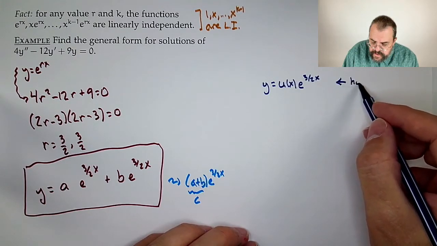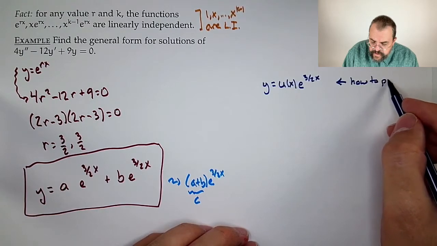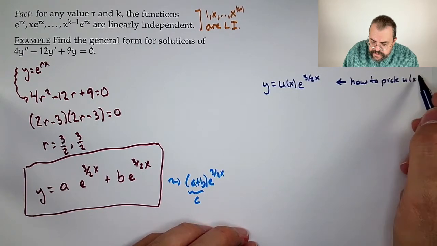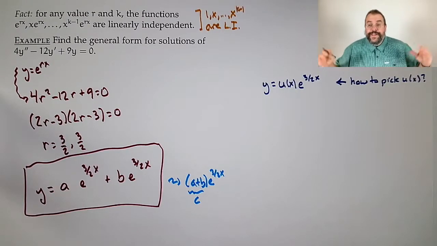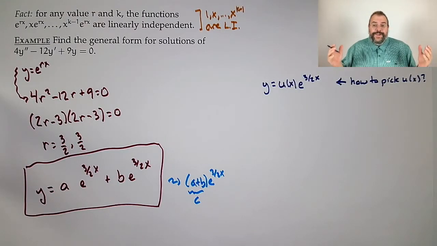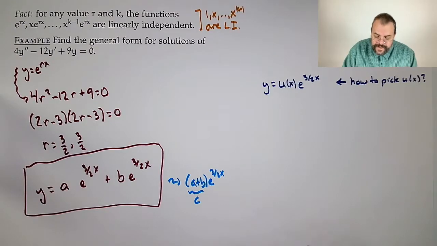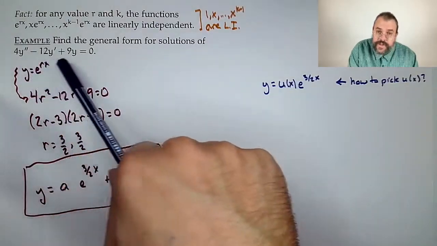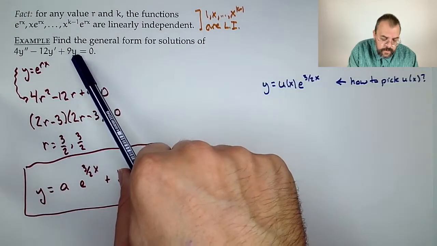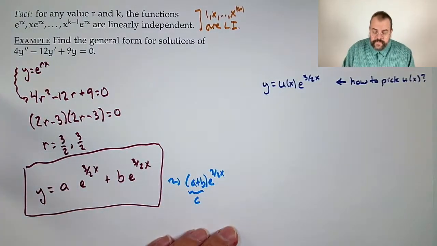How do we pick u of x? If we can figure out how to pick our u of x so that it still works with this differential equation, then we're winning. Okay, so going into our differential equation, we need y, we need y prime, we need y double prime.